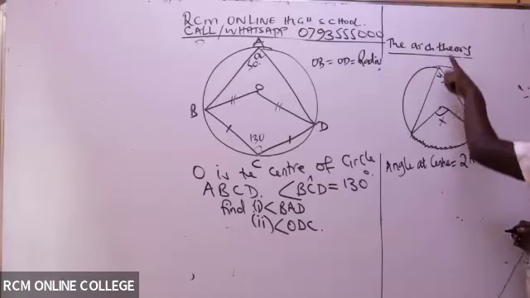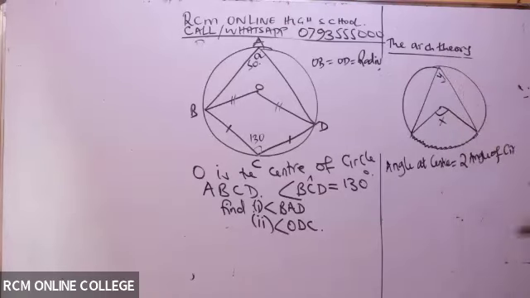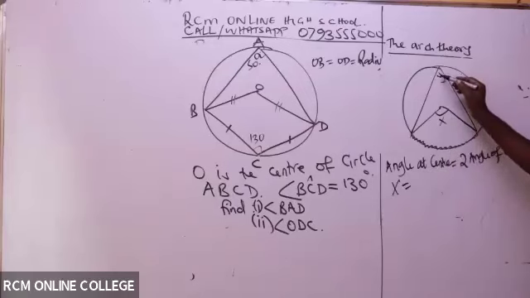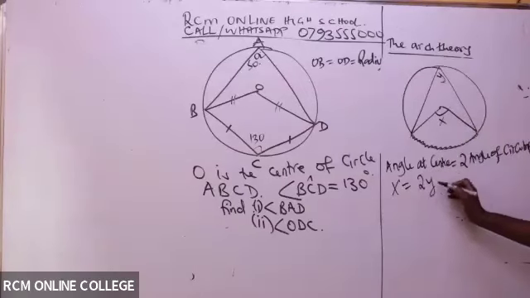Circumference, the one that is touching the circle. You can write that in full: angle of circumference. So this X here will be equal to double of this. So X equals 2Y.